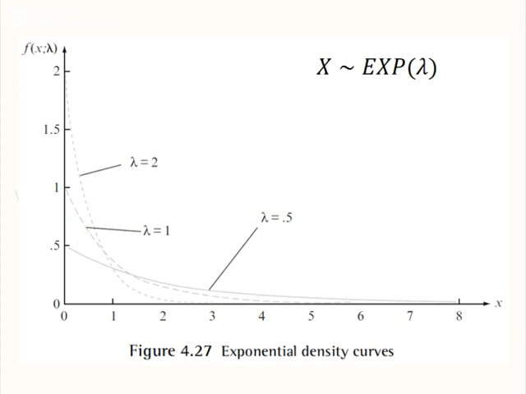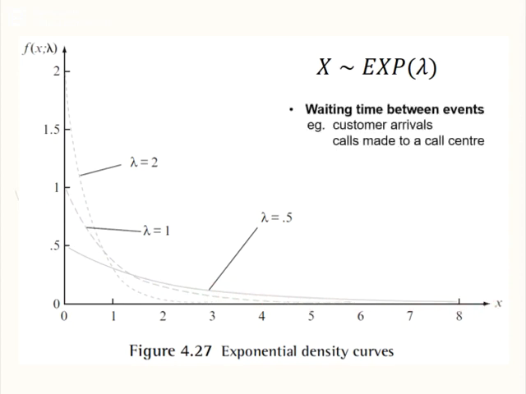Now, when would you want to use an exponential distribution? I'll give you a few examples, but in general, it's going to be in cases where most of the probability is loaded on small values, and then it becomes rarer and rarer to see values that are larger. So for instance, this could be waiting times between events, and these events could be arrivals of customers or calls made to a call center.